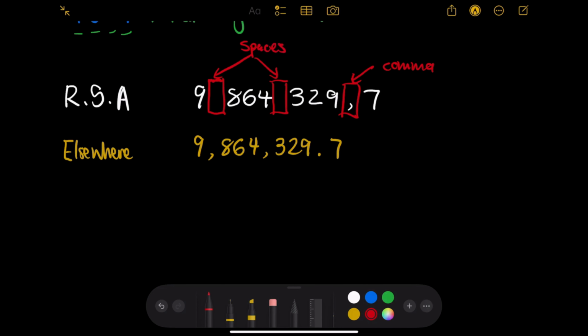Then if I'm elsewhere, I would use a decimal point, and to show the spaces, I would use a comma, right? So that's really, really important when we think about how to write it out. So of course, for us living in SA, this is what we would do.